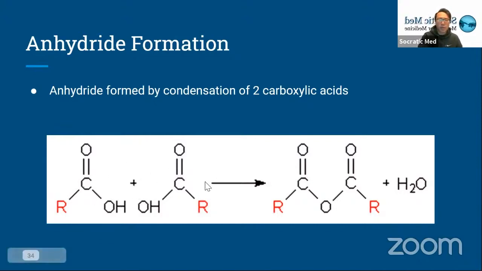Through a nucleophilic acyl substitution reaction, you convert two carboxylic acid groups to an anhydride group, which is even more reactive than a carboxylic acid. So this is anhydride formation.